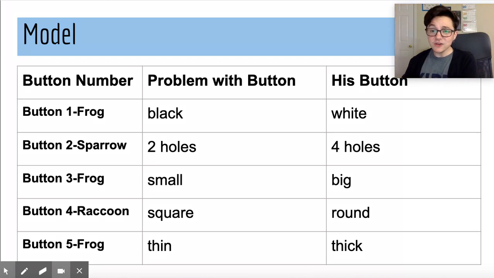And then the last thing that we know is that there were lots of buttons on there that were white, that had 4 holes. They were all big, round, and thick. Now, Kipsters, if you're using white paper, the best thing that you can do for this is just outline the buttons in black and don't color them in.